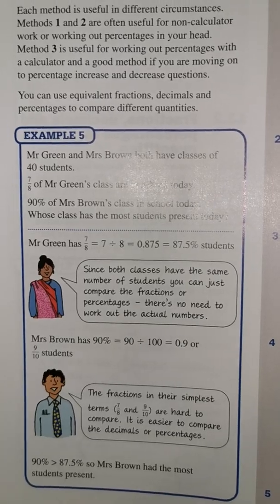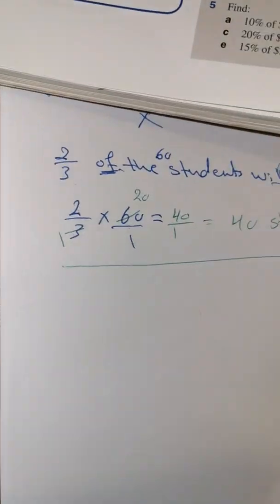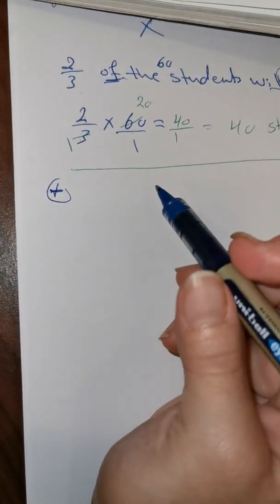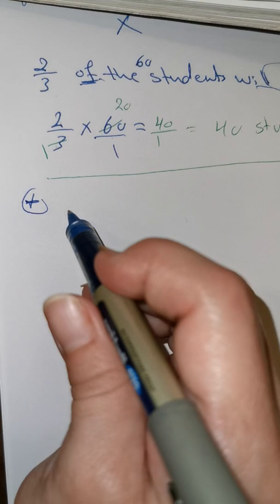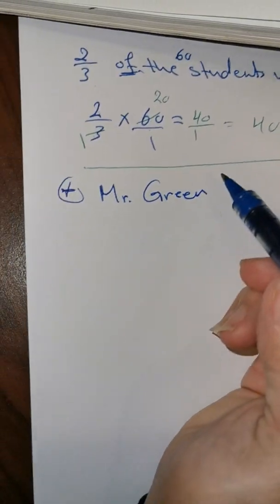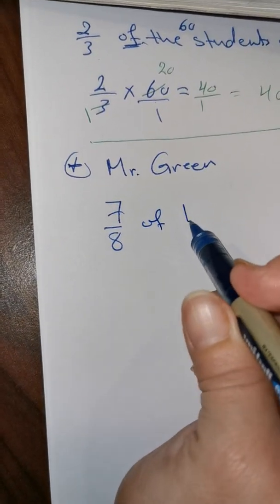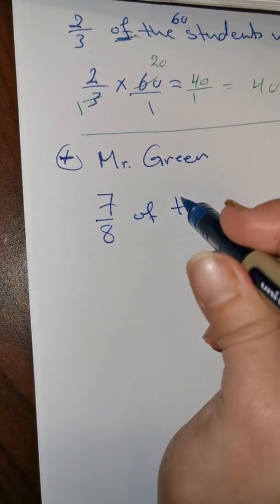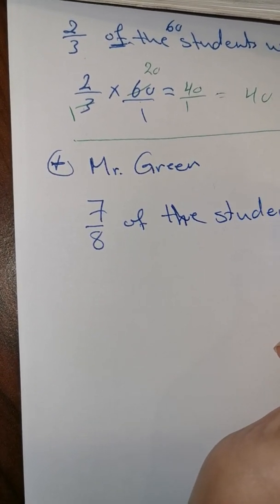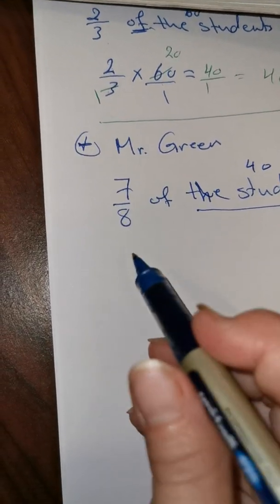Okay, so for Mr. Green, first, for Mr. Green, he has 7/8 of the student. And the students are 40. So you need to multiply.